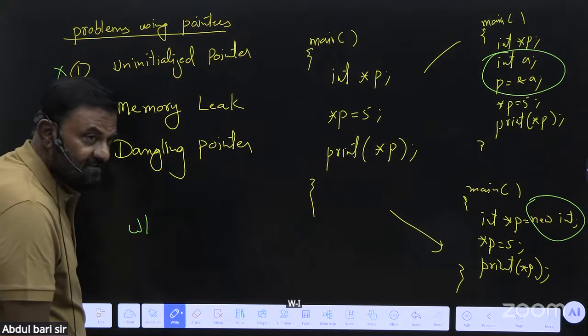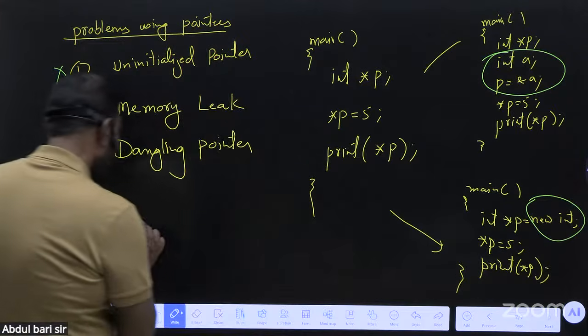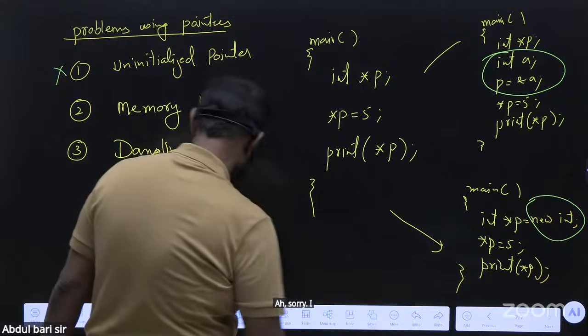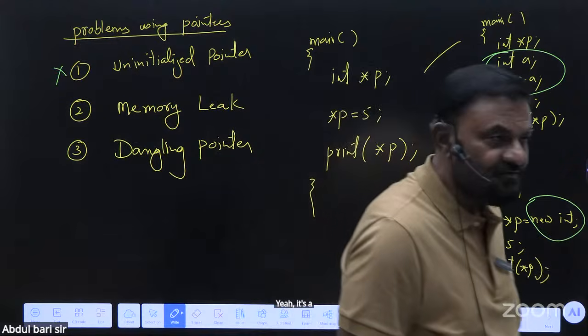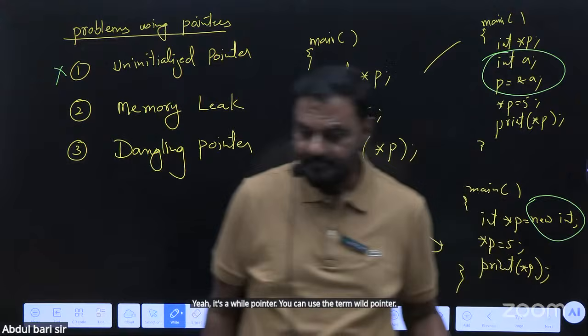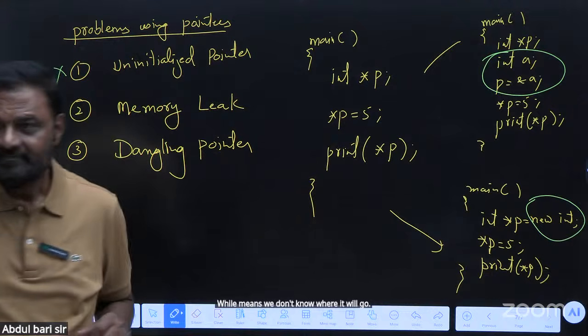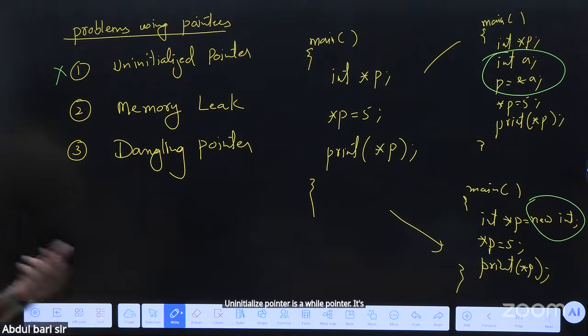Okay, sorry, I first heard it as while. Yeah, it's a wild pointer. You can use the term wild pointer. Wild means we don't know where it will go. An uninitialized pointer is a wild pointer. It's not under your control. Over.